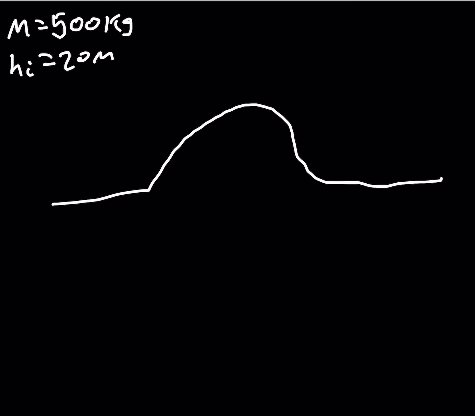So let's say it starts like here. Sure, this will be 20 meters. It starts at a height of 20 meters. What is its speed at a height of 5 meters? And I'll give you guys a quick second to pause the video and try solving that one for yourself.